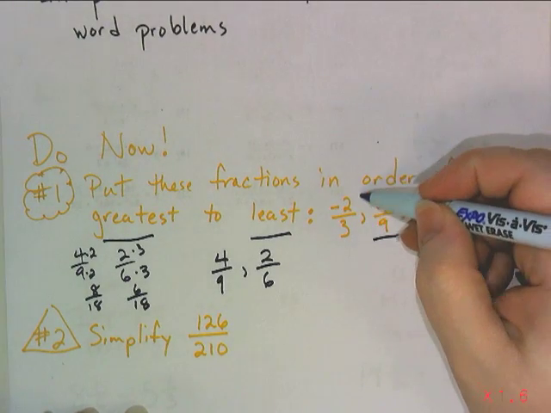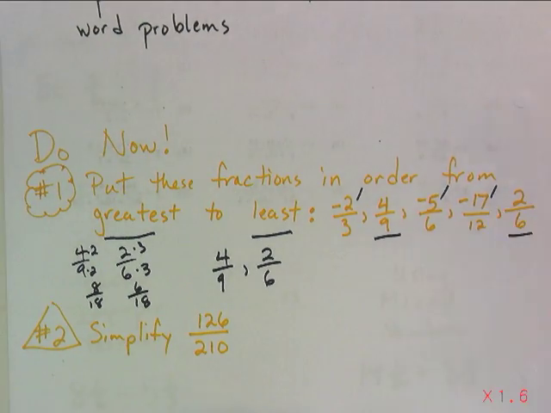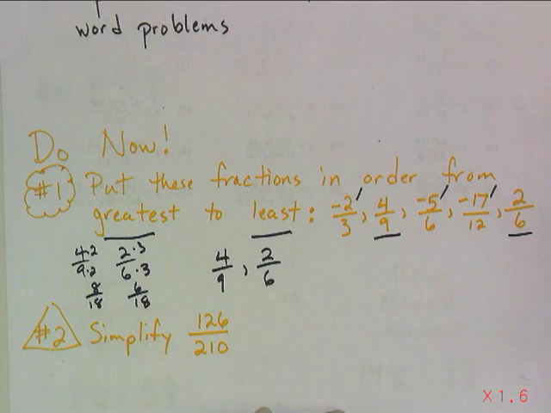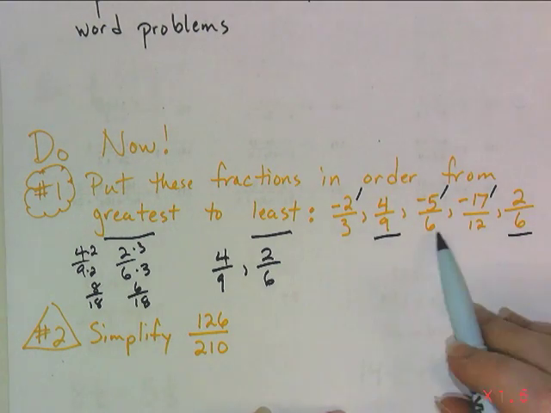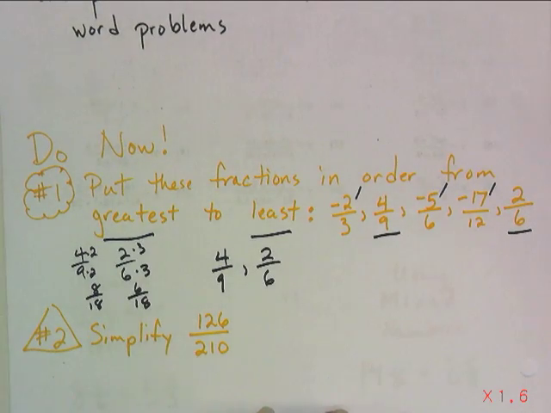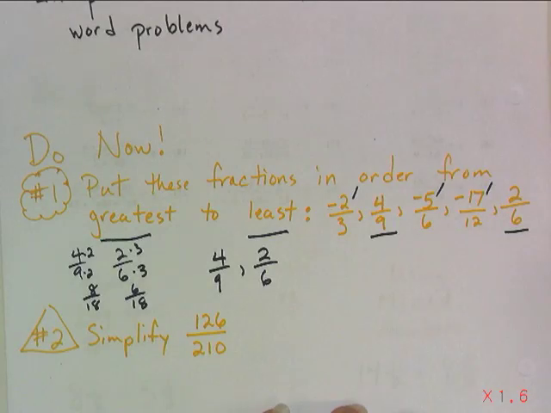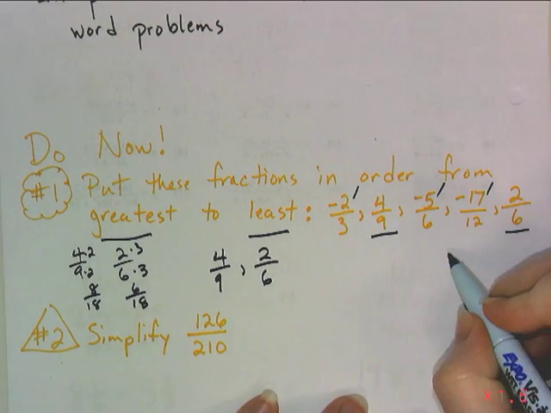Now I can compare my negatives. I know that all of my negatives are smaller than my positives. That's why I didn't have to worry about having a common denominator for all 5 at the same time. But since these are all going to be on the left side of 0, I need to figure out which of those is going to be further to the right, which one's going to be further to the left. And so between thirds, sixths, and twelfths, twelfths is my common denominator.